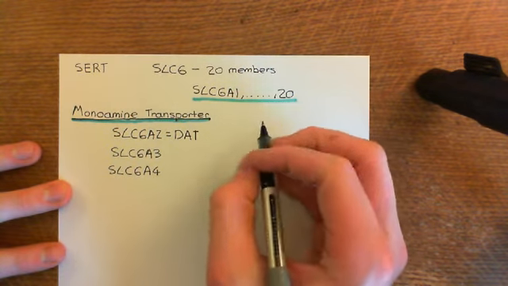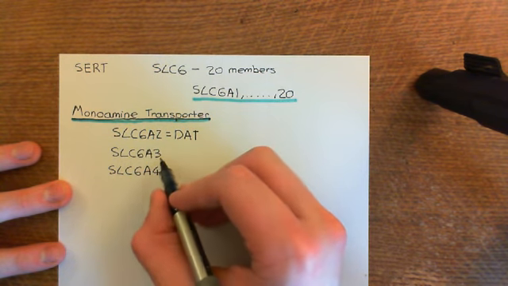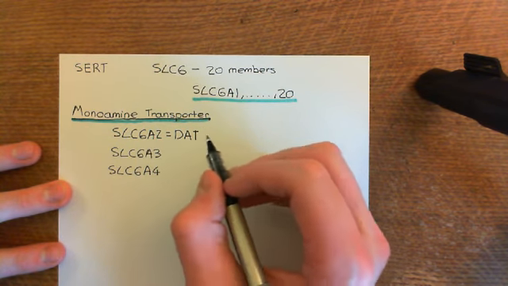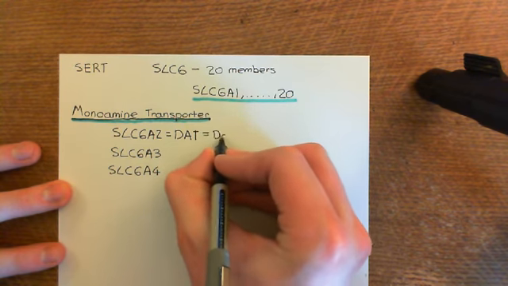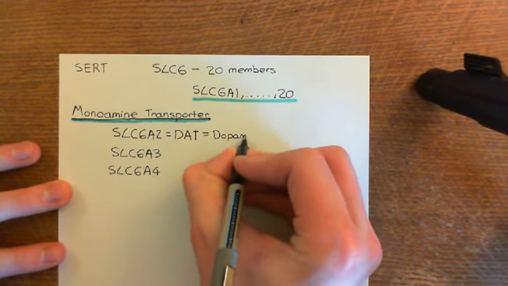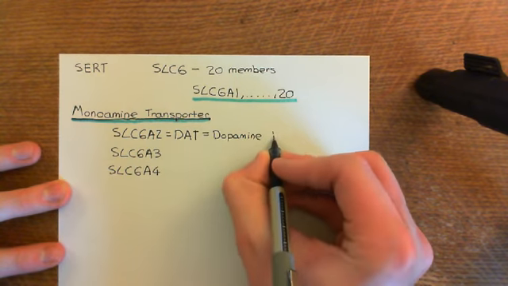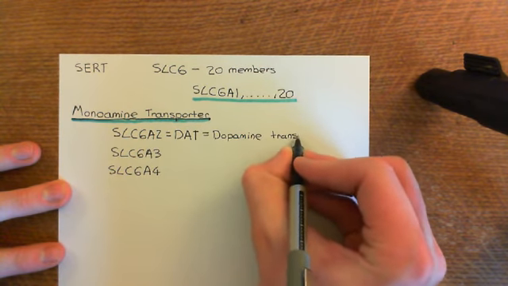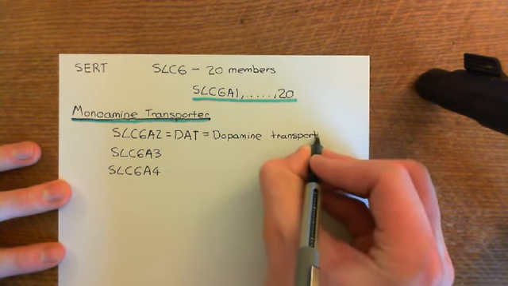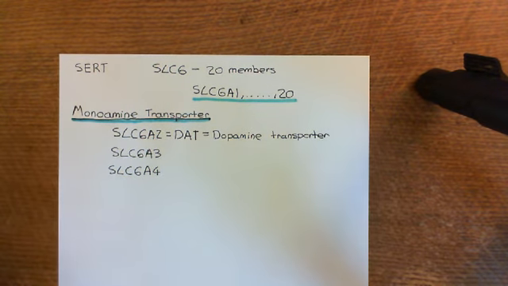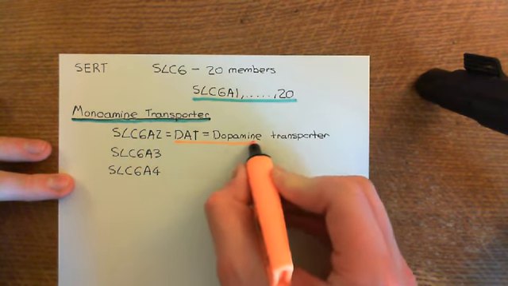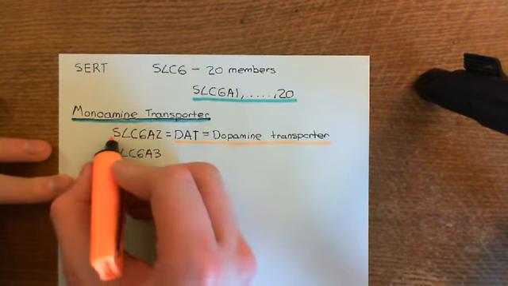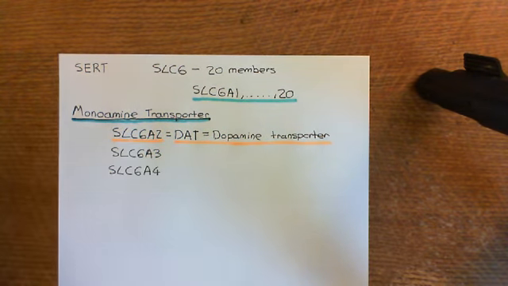Many neurons do that. The dopaminergic neurons and the noradrenergic neurons also do that. So the DAT is the dopamine transporter, DA for dopamine, and then the T is for transporter. This is on dopaminergic neurons, and it reuptakes dopamine after you have released the dopamine into the extracellular fluid. So that's SLC6A2.